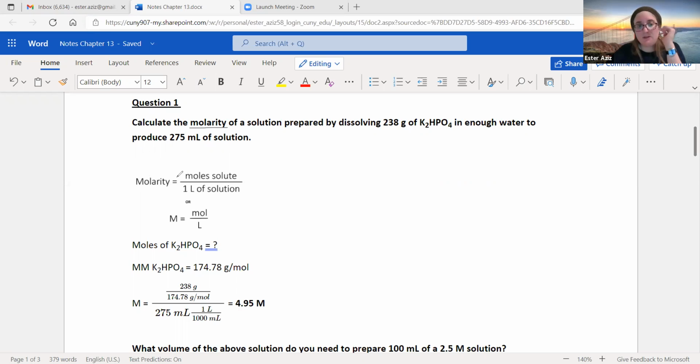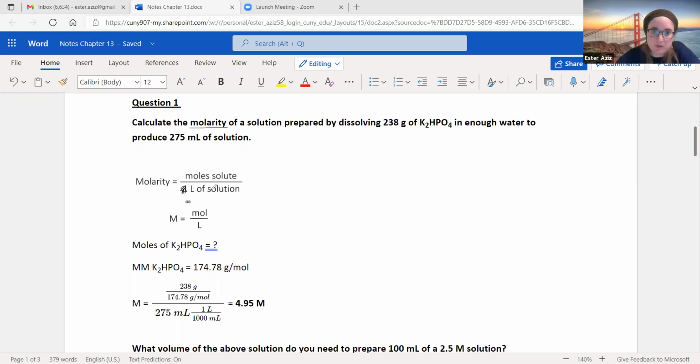Because it's molarity, I'm going to write out molarity equals moles of solute over liters of solution. So ignore this one over here. And then the next thing is to work on finding the numerator and the denominator separately. First we find the numerator, the moles of solute, and then we find the denominator, the liters of solution.